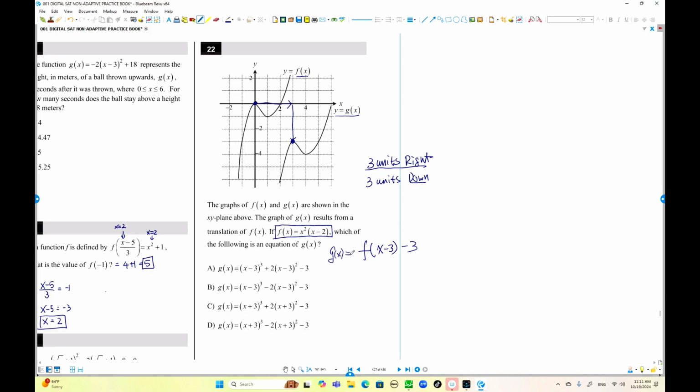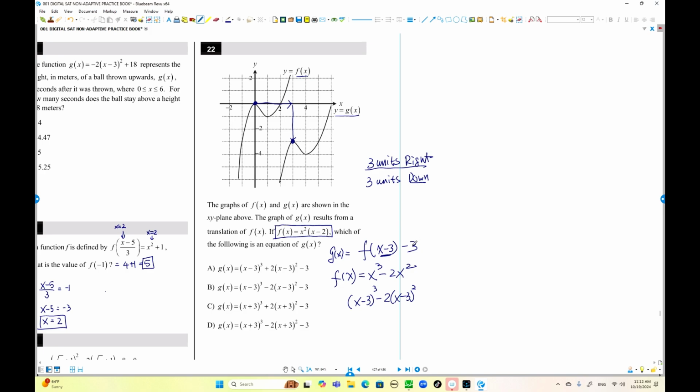So f(x), when you expand the dot product, you can separate it: f(x) equals x cubed minus 2x squared. Now put this number in for x. What is that? (x minus 3) cubed minus 2 times (x minus 3) squared.